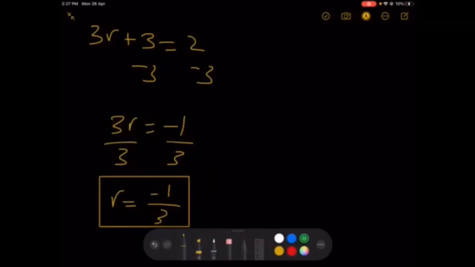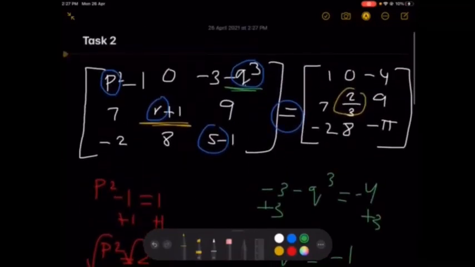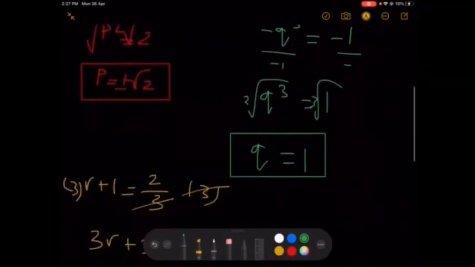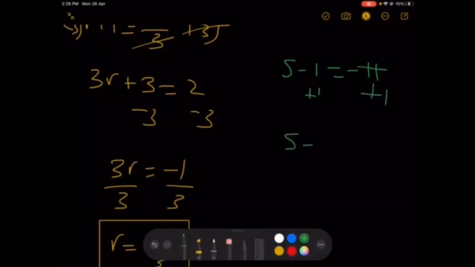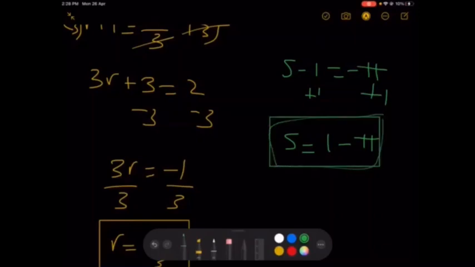Let's find the value of s. s minus 1 equals negative pi. So add 1 to both sides. So s equals 1 minus pi. And this is our s.